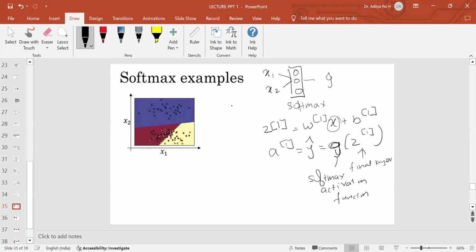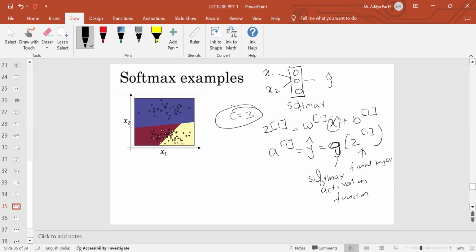Now, for the softmax layer, C is equal to 3. 3 means there are three classes being considered. So even in this example where we are giving two inputs, x1 and x2, the classes are three. You can see there are three possible classes.